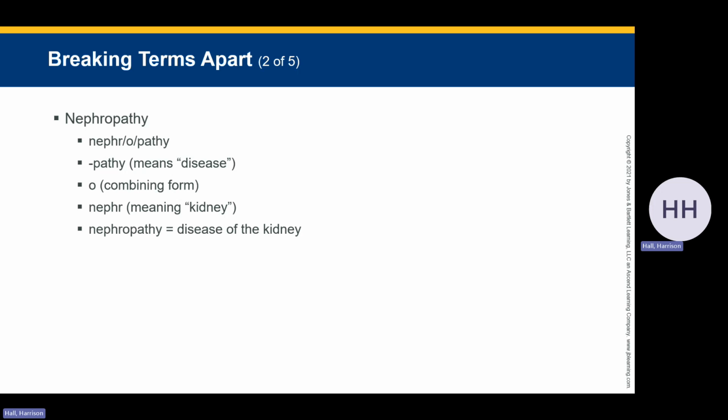We've got our prefix, we've got our root word, we've got a combining vowel here, and then a suffix. So let's look at this suffix first. Pathy means disease. So now we're going to look at our root word. There's the combining vowel, and then the root word is nephro, so that's kidney. So what do you think this word right here means? It would mean disease of the kidney, neuropathy.